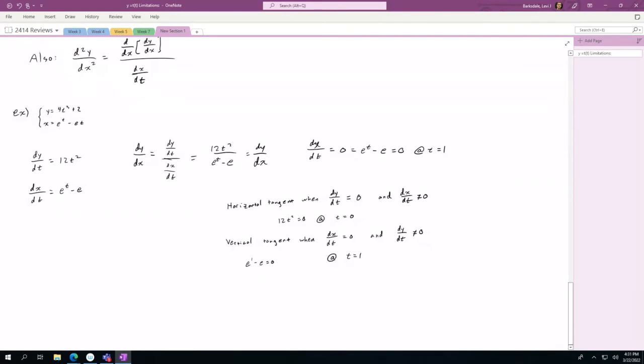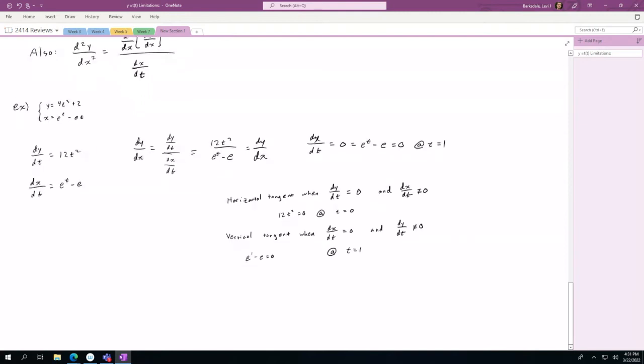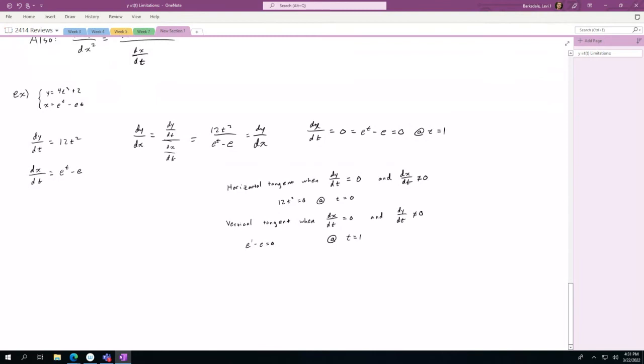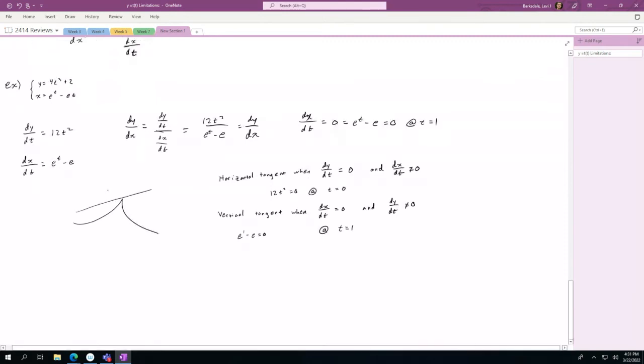If both dx/dt and dy/dt are 0 simultaneously, we don't have a horizontal tangent or a vertical tangent, and our derivative does not exist. So we can't really create a tangent line. For those of you wondering, that actually looks like a sharp turn in our graph most frequently. If I have a sharp turn like this, then I can draw something that would look like a tangent line like that, but then also like that, where it only touches my graph at the one point.